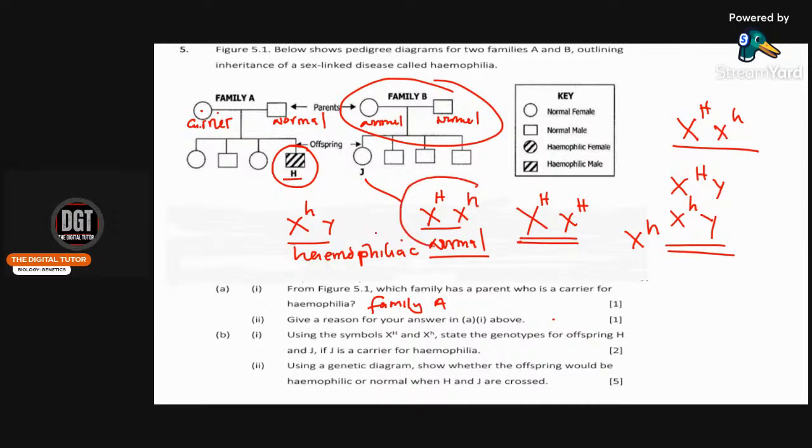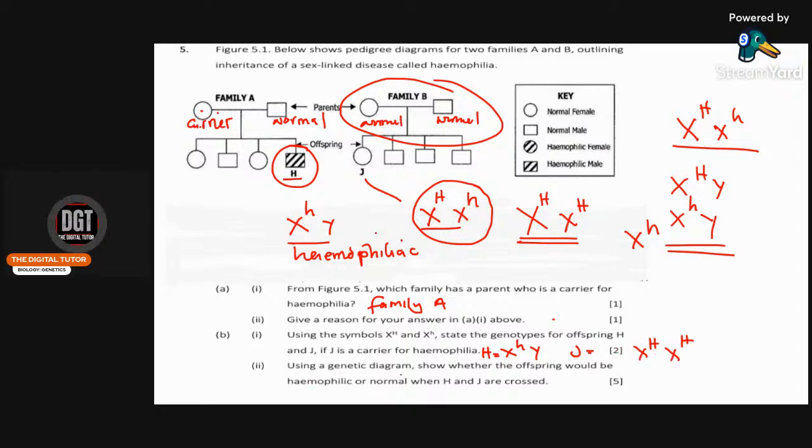Know that even a carrier female is also normal, because only one X is affected, but the other one is okay. So for H we put X^h Y, then for J it is X^H X^H.